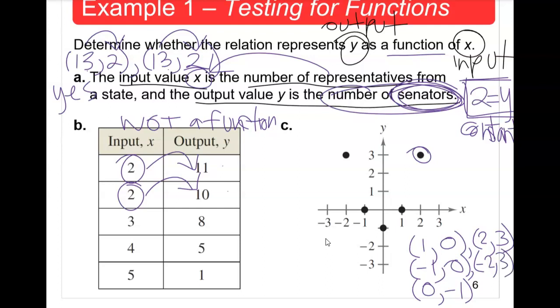So in this case, even though we have some y's repeating, 0 and 0, and we also have 3 and 3, that is okay. The y values may or may not repeat, and that's fine. So part C is a function.